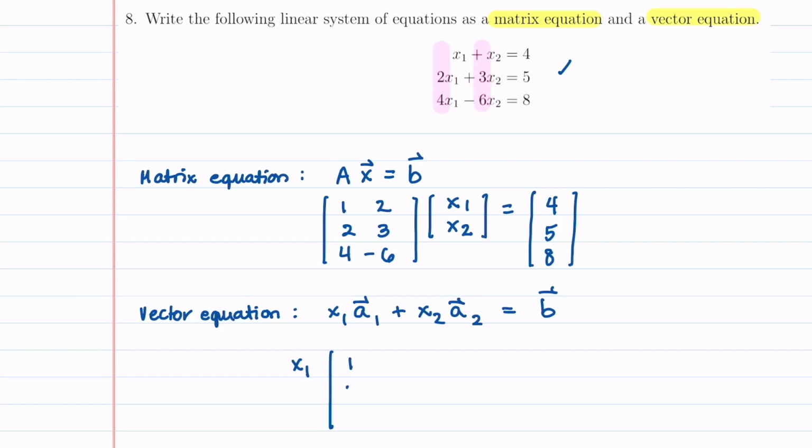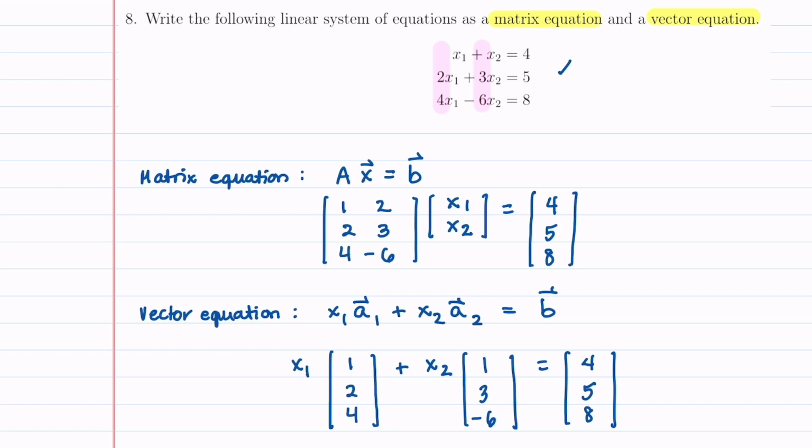So our a1 is 1, 2, 4, and then we add x2, and we have our a2, which is 1, 3, minus 6. And then on the right-hand side, we have our vector b, which is equal to 4, 5, and 8. And that's how to write a linear system of equations as a vector equation.